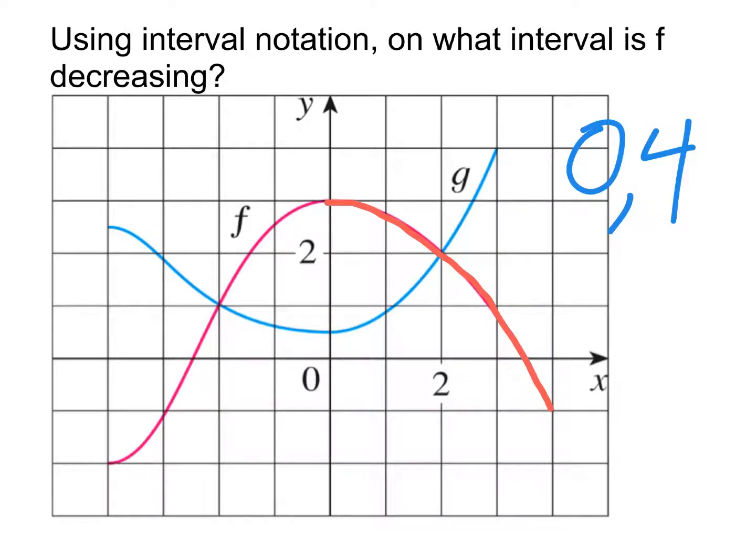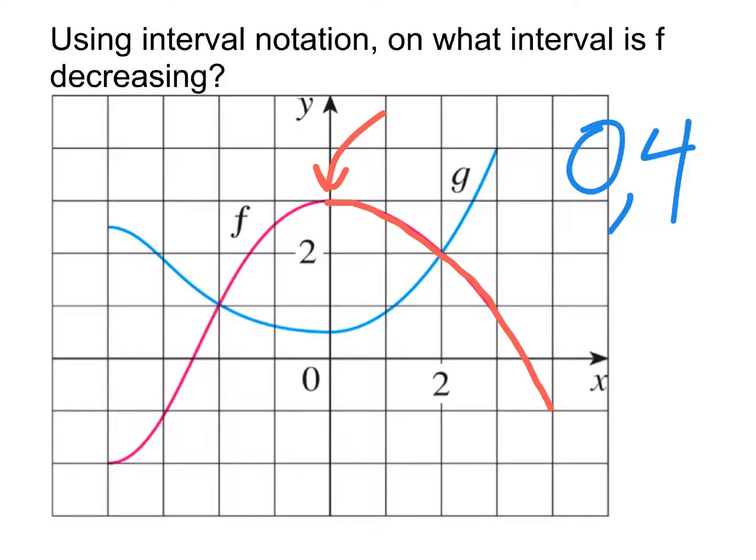First up, let's look at 0 here. At x equals 0, is this graph decreasing? Well, to the left of 0, what's it doing? To the left, it's increasing. What's it doing on the right side? Decreasing. Those are different.